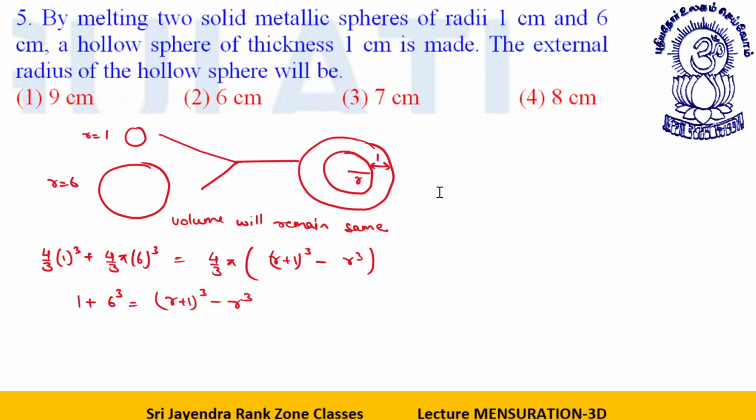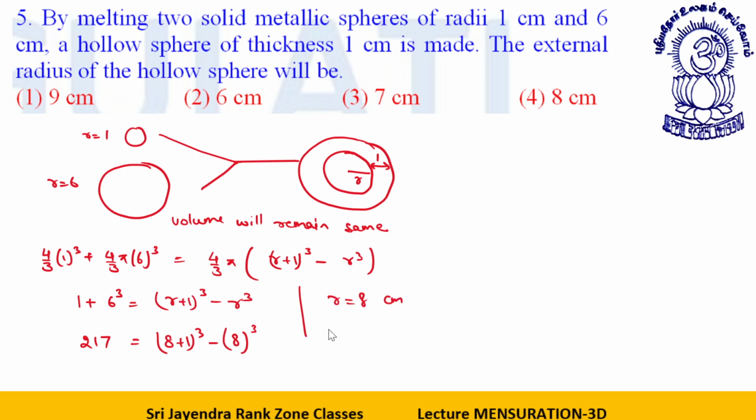Now either you can solve it if you want to, or by just merely putting the values. Let's say this is 8, this is 8 plus 1. I already know the answer, because we have done this question just a few minutes back. The previous question was this only, 217. Everything is working out. So r is equal to 8 centimeter.